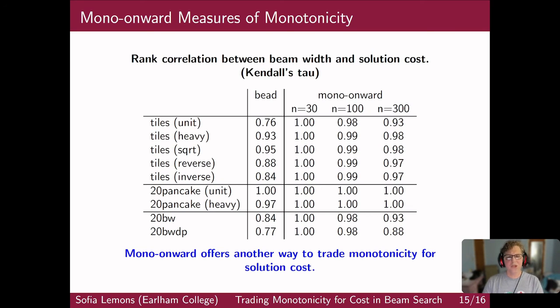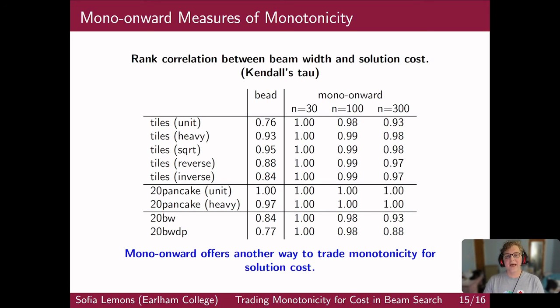The rank correlation measurements for mono-onward show even more strongly that mono-onward has generally very monotonic behavior. When the n value is 30 in all of the settings tested, we saw a perfect rank correlation value because the widths which we were testing were from 30 through 1000.